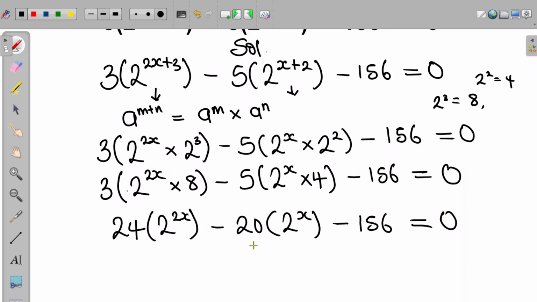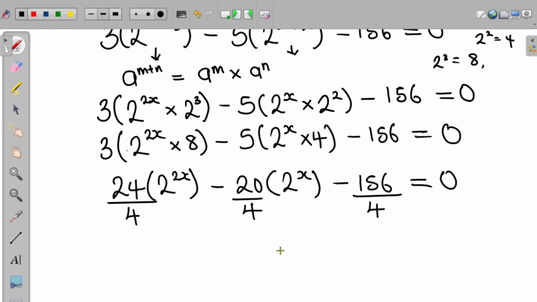To simplify the expression further at the left-hand side, we can divide through by 4. So we divide 24 by 4, which is 6; 20 divided by 4 is 5; and 156 divided by 4 gives us 39.